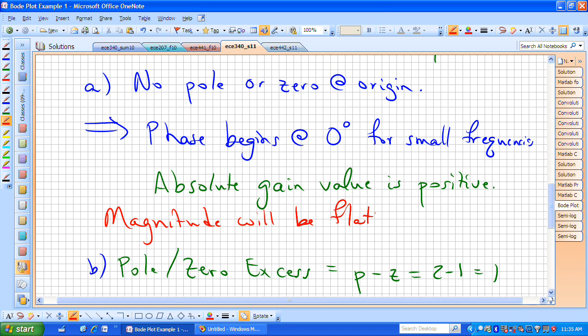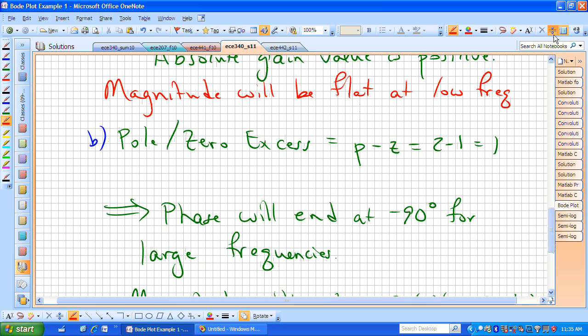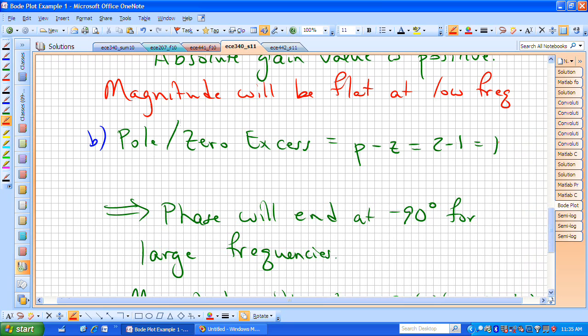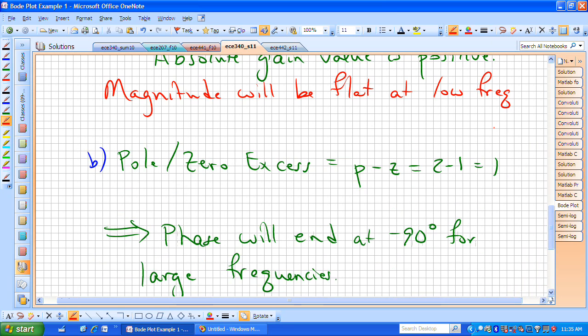Magnitude will be flat at low frequencies until we hit our first break frequency, and I think it's clear where our first break frequency is in this particular case.